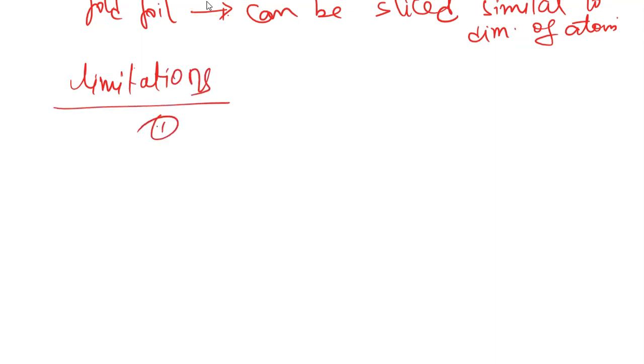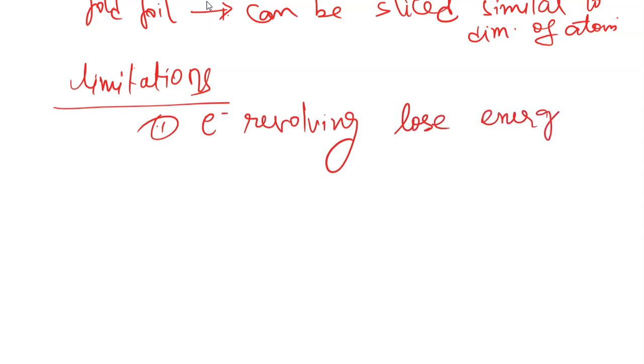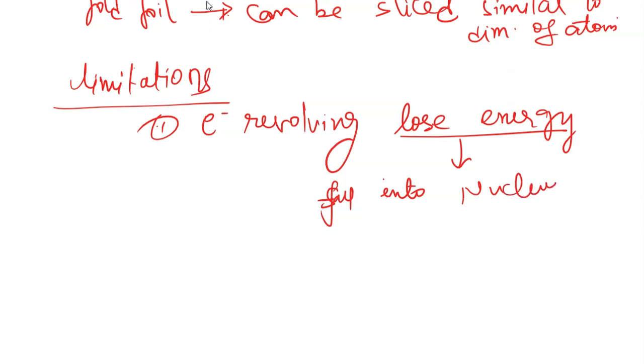According to Rutherford, electrons revolve, but revolving electrons lose energy, and if they lose energy, they should fall into the nucleus. No idea was given about how revolving electrons maintain energy.